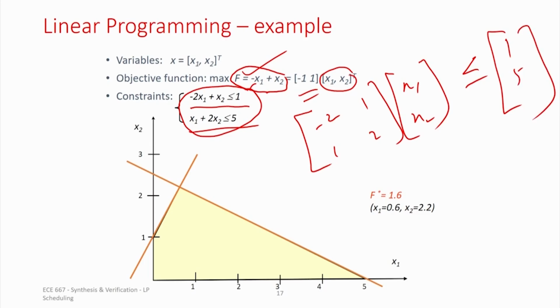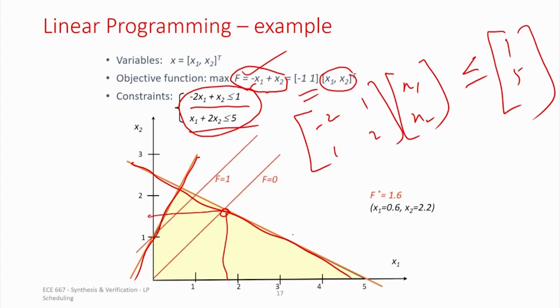If you plot these lines, you get this. The yellow part is the solution space, and we try to find the maximum value of f. If I put in this value, I get f equal to 0. If I give x values like 1.8 and 1.1, I get f equal to 1.